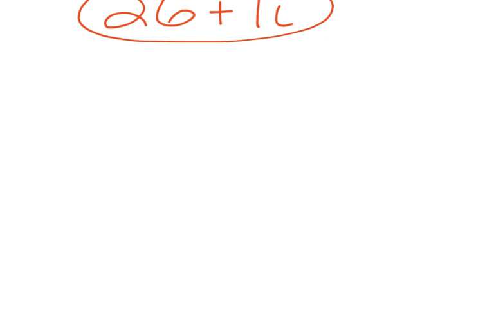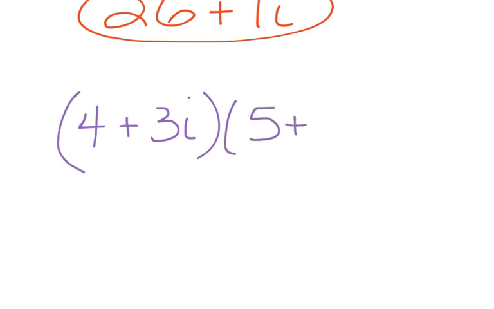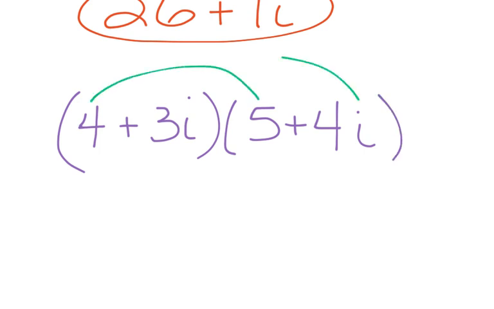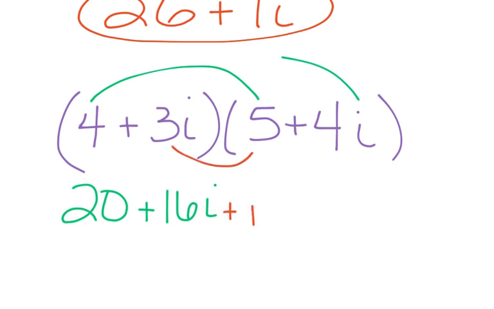Let's try another one. It's just distribution again. So 4 plus 3i times 5 plus 4i. Okay, distribute, distribute. So I get 20 plus 16i, and then I distribute on the bottom, the second one, 15i, and then of course the last one, which is 12i squared.